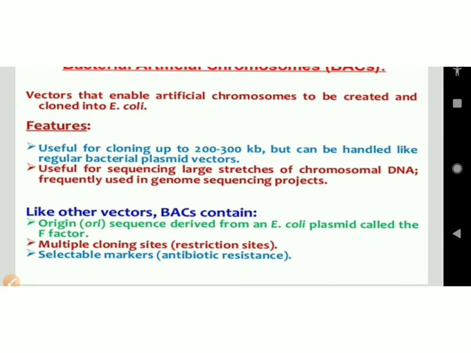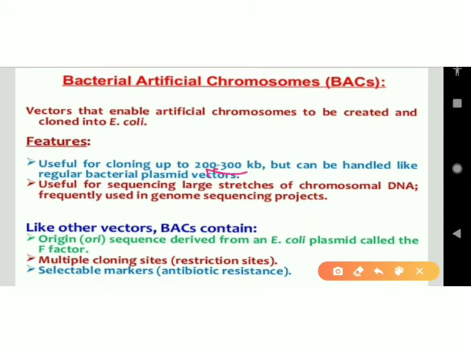The bacterial artificial chromosome is a vector that enables an artificial chromosome to be created and cloned into E. coli. Features of the bacterial artificial chromosome: it is useful for cloning up to 200 to 300 kilobases. That is important.